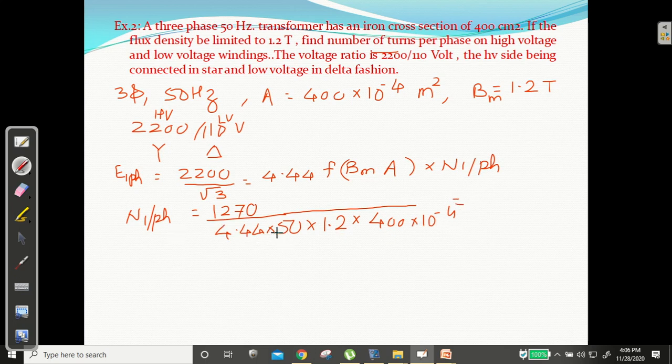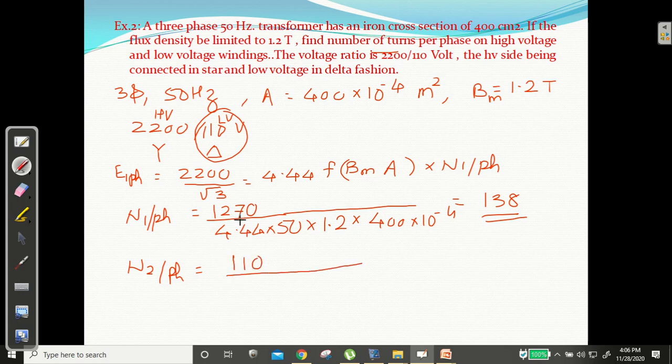By using the calculator, 1270 upon 4.44 into 50 into 1.2 into 400 into 10 raised to power minus 4, I am getting 138 turns on the primary side. For N2 per phase on the secondary, low voltage side, it is delta connected, so line voltage and phase voltage are the same, 110.